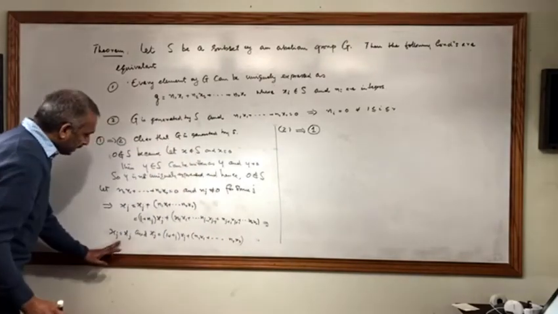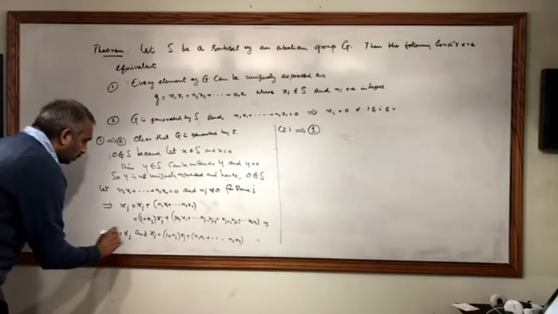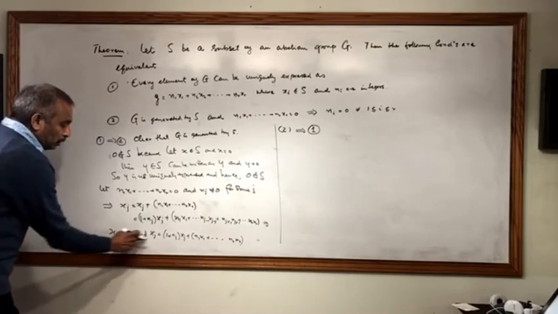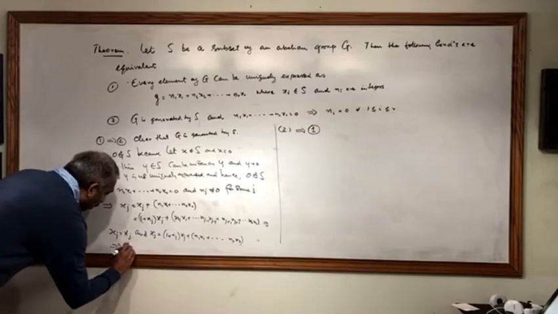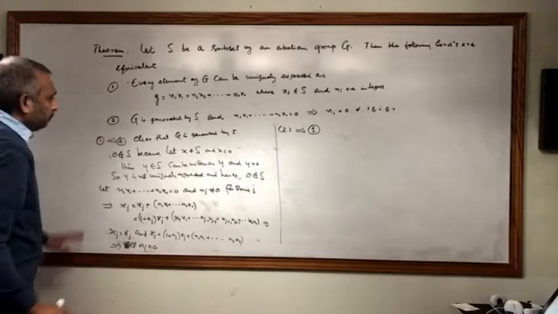That means xj is expressed in multiple ways. So xj is not uniquely expressed, and that implies all ni's are 0.